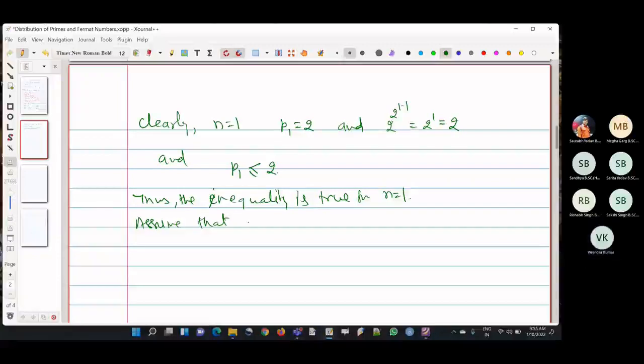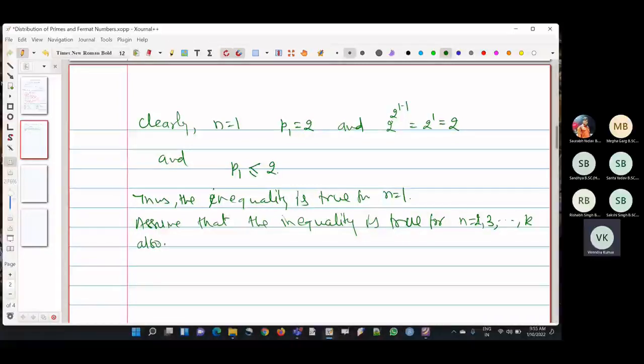Now we assume that the inequality is true for n equals 2, 3 up to k also.